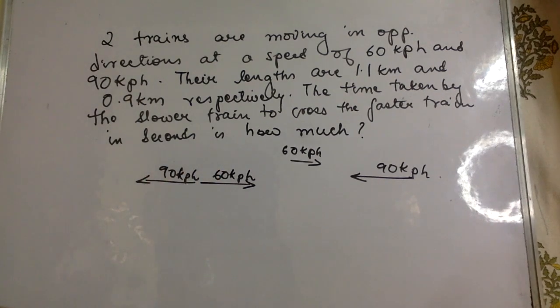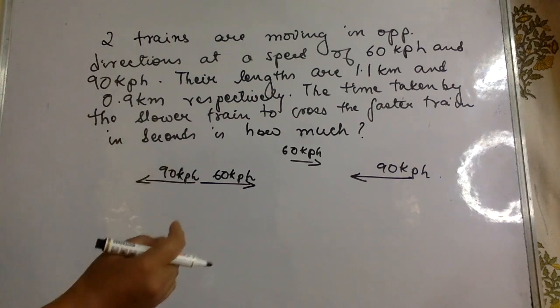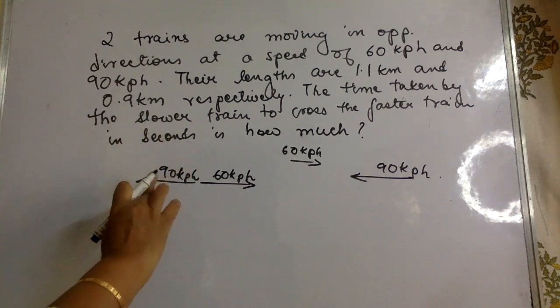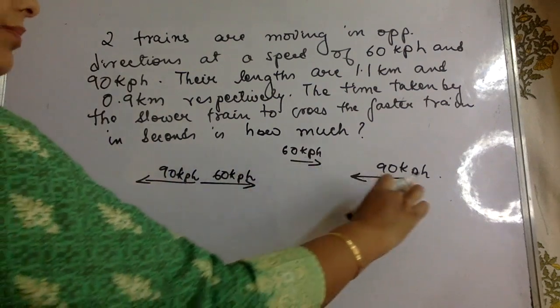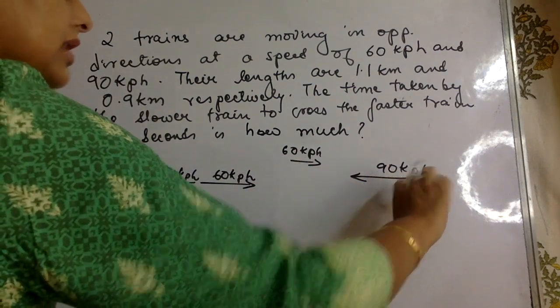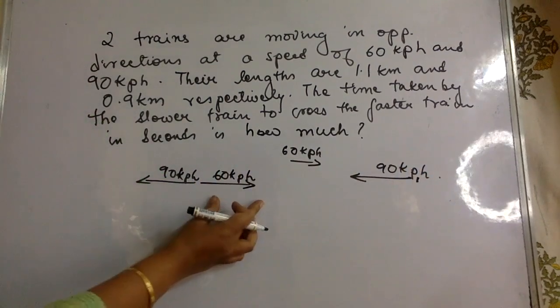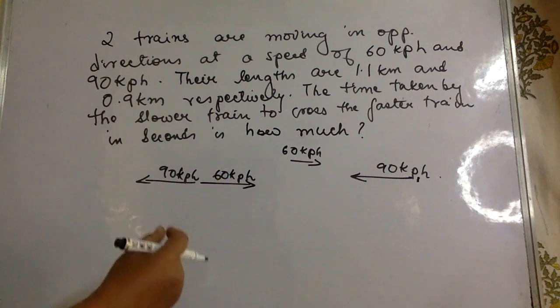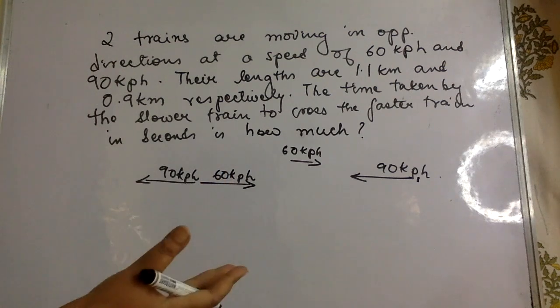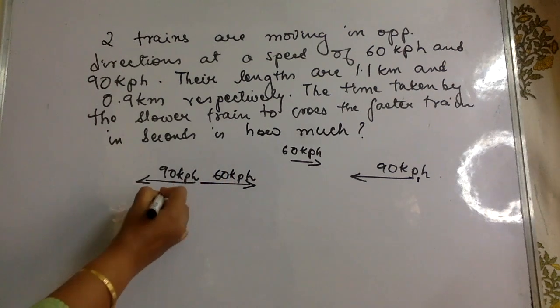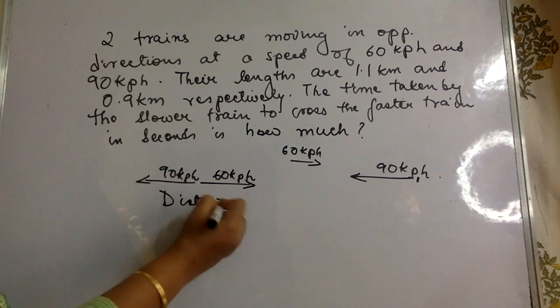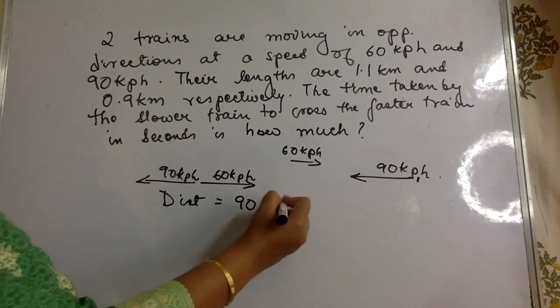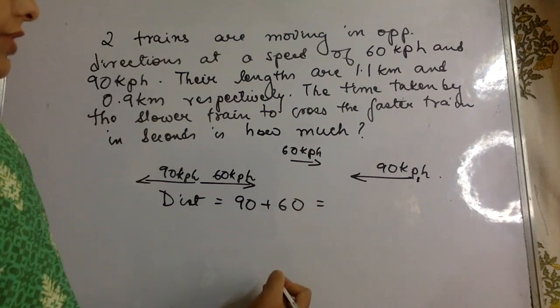Now what is the distance that has to be covered? This train should completely cross this one, and the last coach should move here. That is what I have drawn here. Let me first talk about the distance.